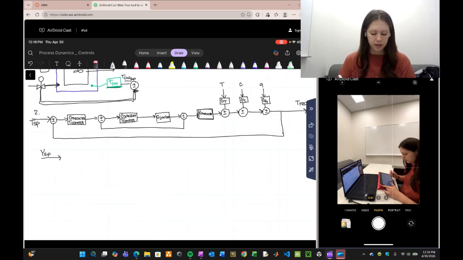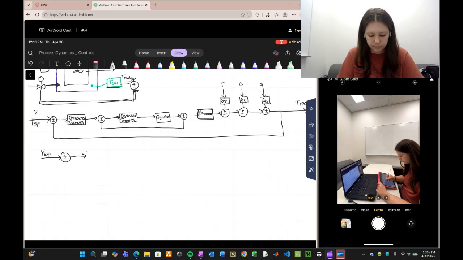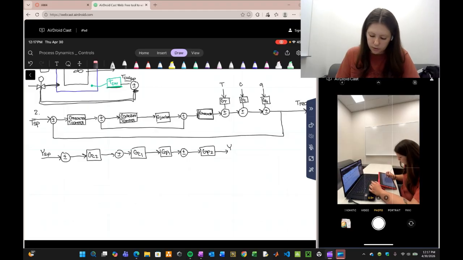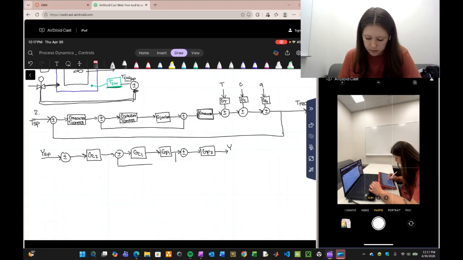So our Y set point is going to go into that controller there, which will then go into a transfer function here, and this will be GC2, which will go into another controller here that will go into GC1, which will flow directly into GP1, which will flow into another controller that will flow into GP2, which will flow out into our Y. And so this will be connected once again, and then this will also be connected on the outside here.